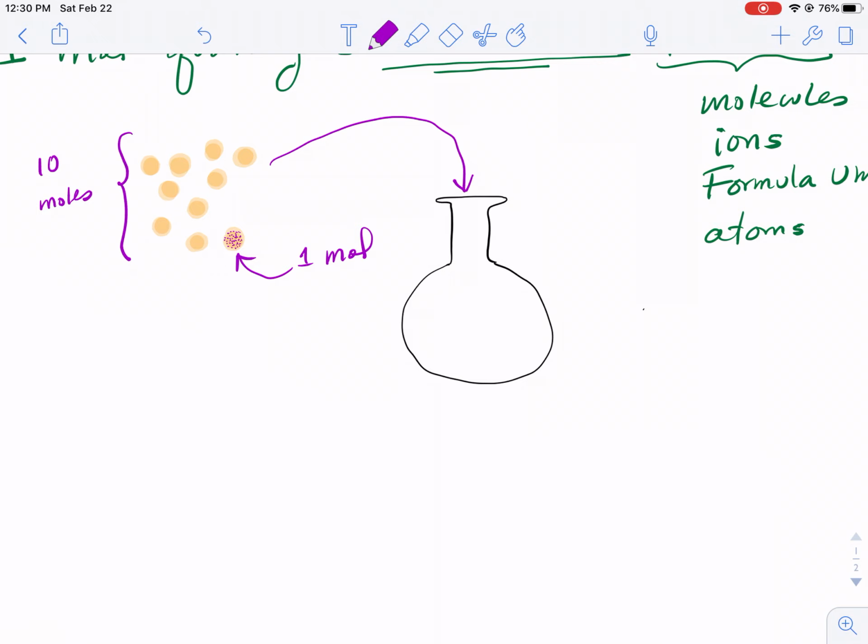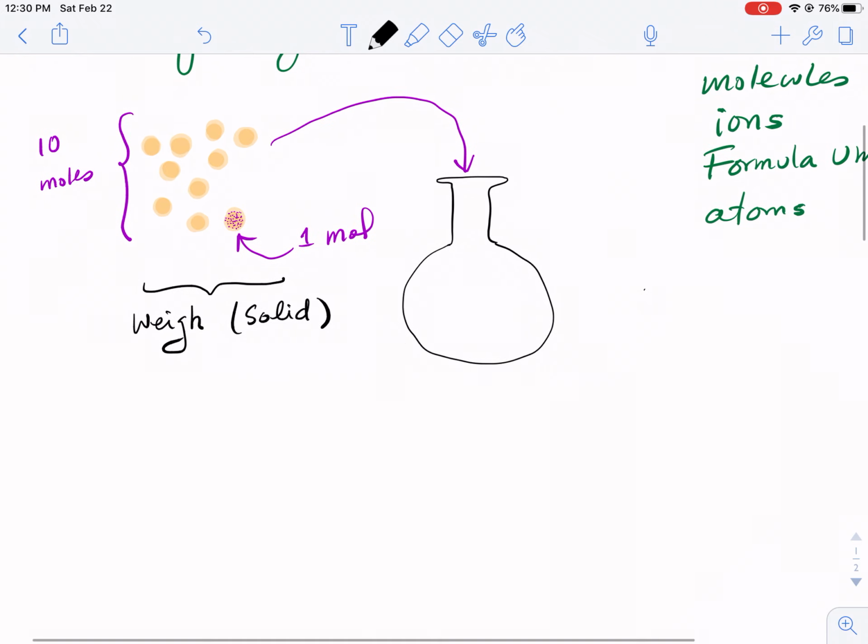In chemistry, when we are transferring these particles, we often weigh them. So if you're dealing with a solid, weight or mass of the solid is the most convenient way to weigh these particles.